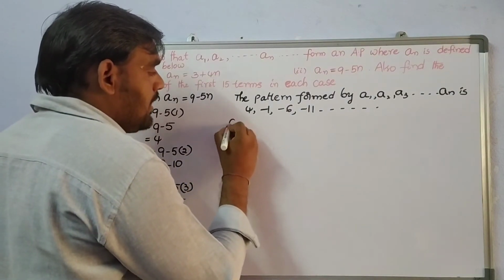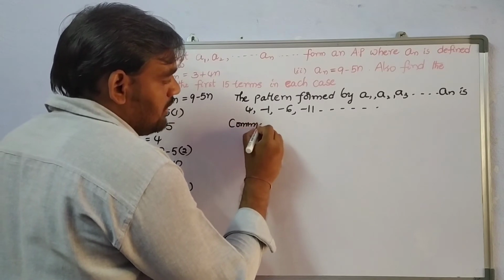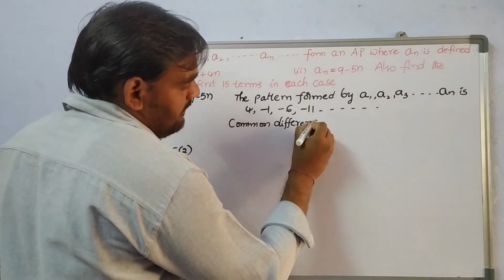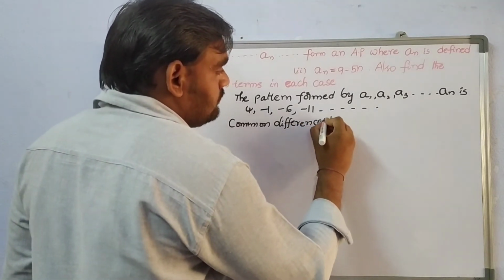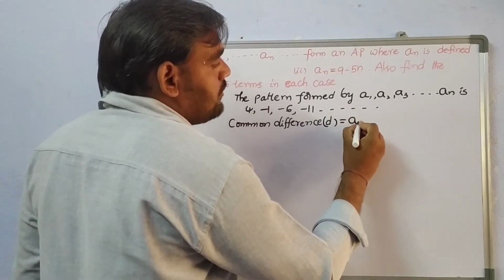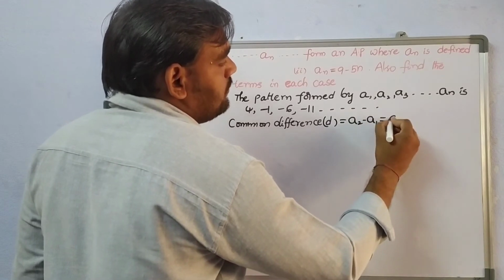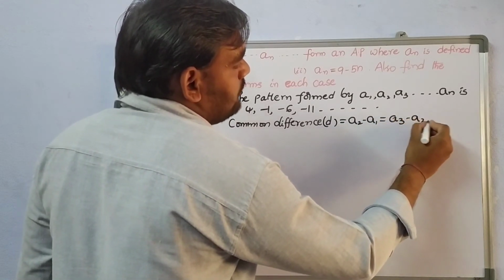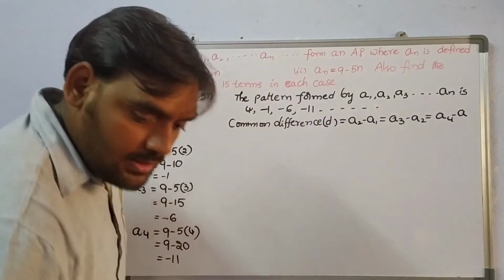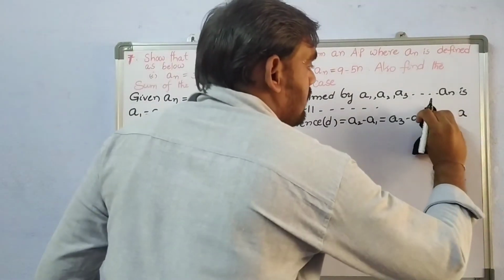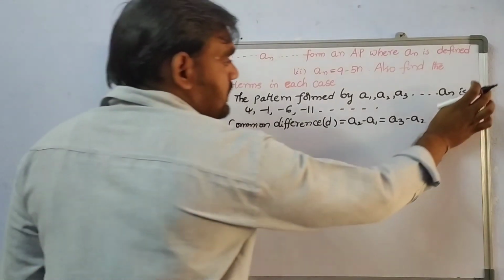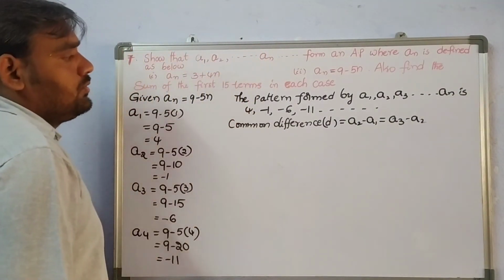So you see, common difference D is equal to A2 minus A1 is equal to A3 minus A2 is equal to A4 minus A3, or else take these two things only: A2 minus A1 is equal to A3 minus A2. So these are enough to check.